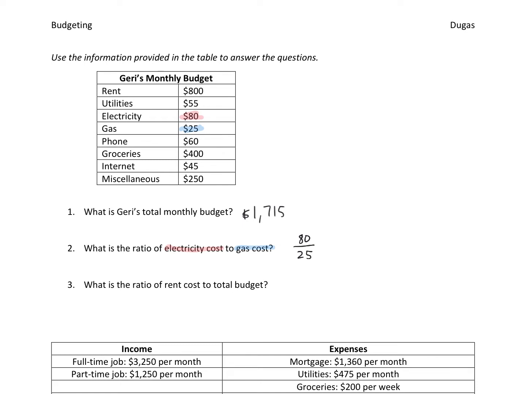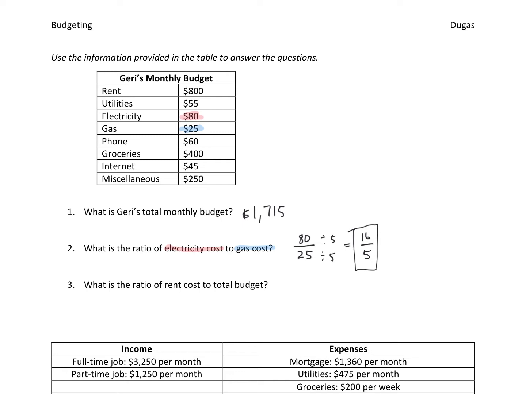So 80 is divisible by 5, and so is 25. So if I divide each of them by 5, I will get 16 over 5, and that is in lowest terms. So that would be it. Even though it doesn't tell me to reduce, I should always reduce my fractions. So make sure you reduce your ratios as well.